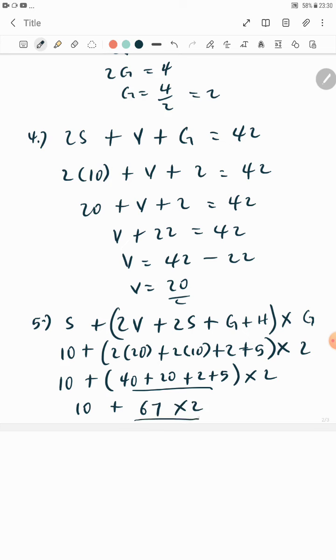Following BODMAS, we have to multiply first before we add. So we have 10 plus 2 times 67, which will give us 134, and then if we add that to 10, that will give us 144.